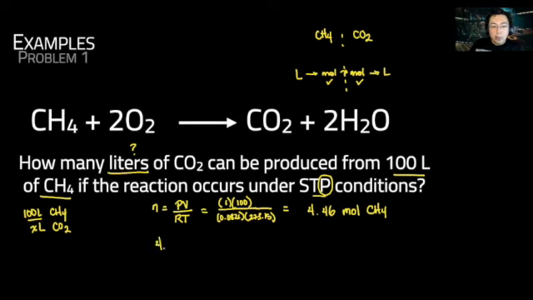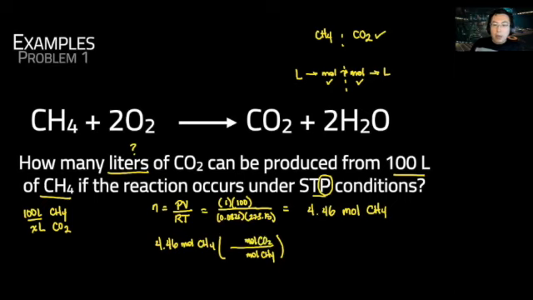So we'll have 4.46 moles of methane, right? We open the parentheses and we do the ratio. First, let's put the units. Remember, the one that you already have goes in the denominator. So we're going to put moles of methane on the bottom, and on the top is the one that we want, in this case carbon dioxide.